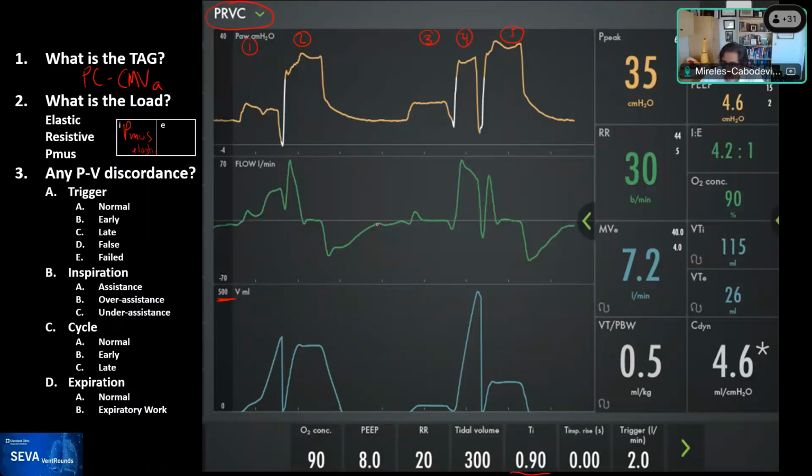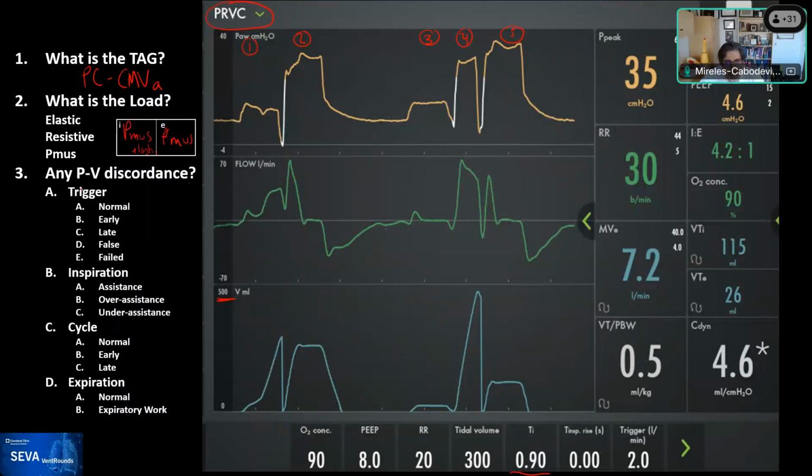Good job, Fernando. So a lot of PMOS. You see how it doesn't decay exponentially as it should. Good job, Eric and Alicia. So this is a pure PMOS event. The patient is actively inhaling, and then there's evidence of activation of the expiratory muscles, which may have relevance for breath number 3. So we'll talk more about that.